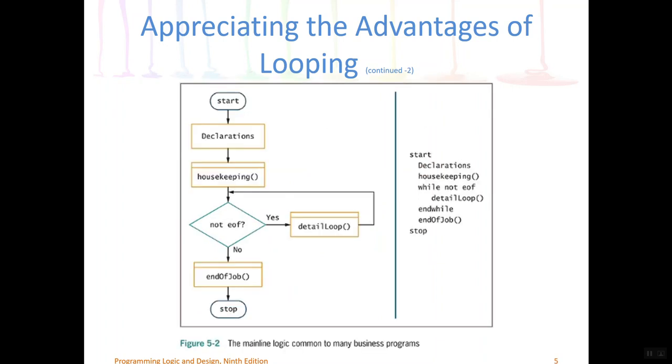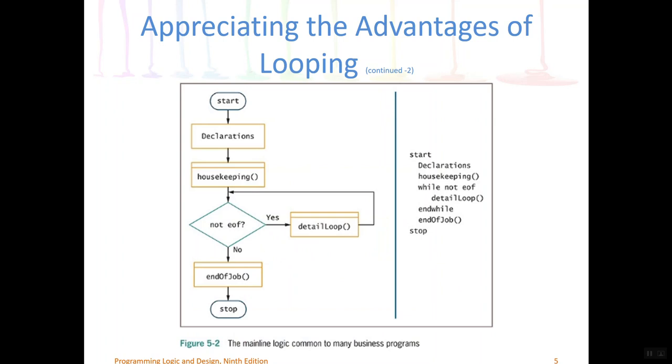The textbook shares with us that it's not uncommon to see the loop in the context of a modularized program. Remember, a modularized program is one in which we've broken up the program into specific named pieces, and we call those pieces when we need them. Now, this particular slide doesn't show all the details, so housekeeping, although we see it being invoked or called here, we don't see the definition of housekeeping.